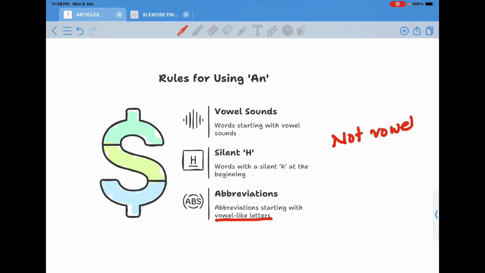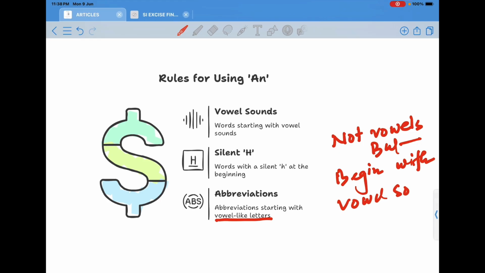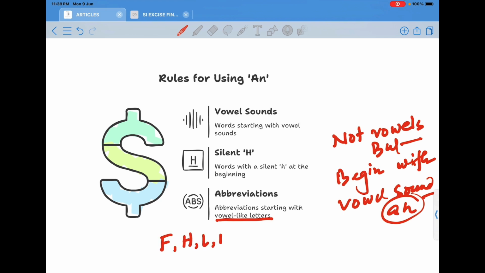Not vowels but begin with vowel sound, right? Now in that case you will use an. For example, let me give you some letters. Okay, F, H, L, M, N, R, S, X.